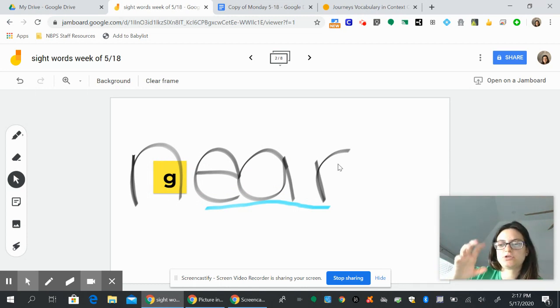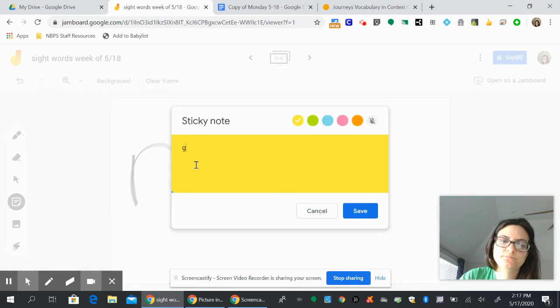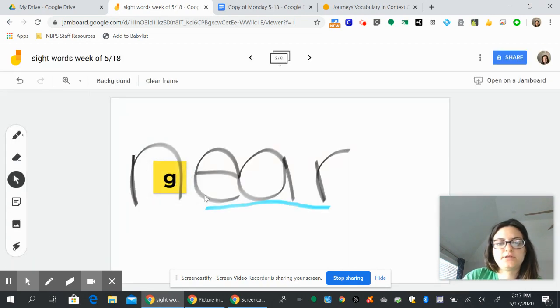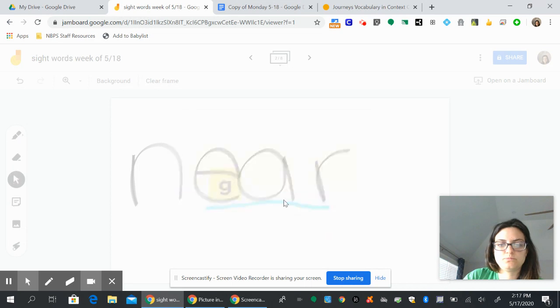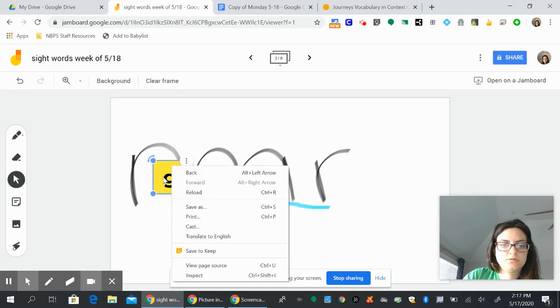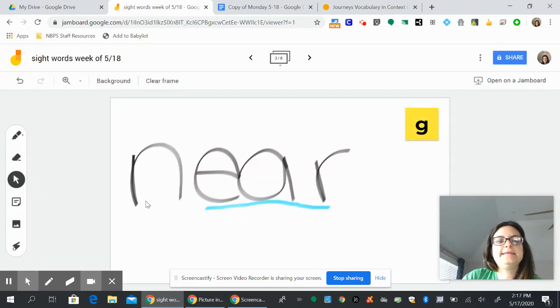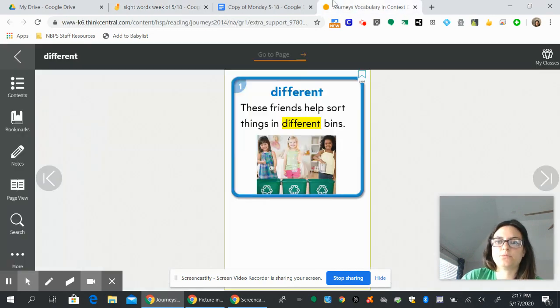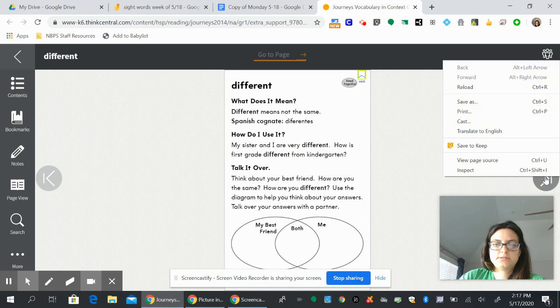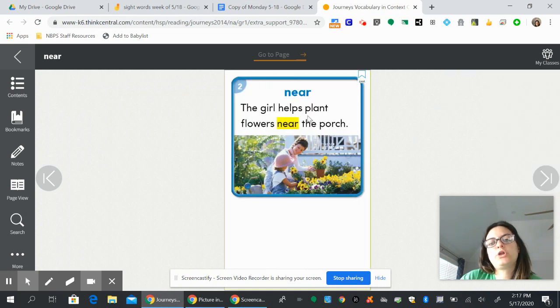Like a gear that turns. But our sight word is near. Let's read the word. Read the sentence. This girl helps plant flowers near the porch.